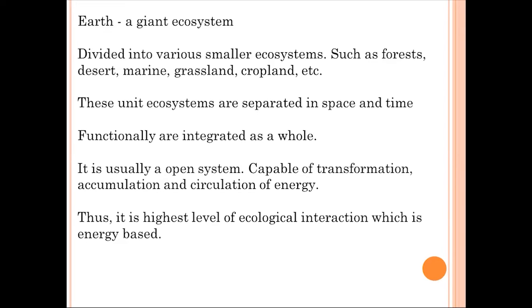We can say it is the highest level of ecological interaction, which is energy based, and it can be as small as a pond and as large as an ocean.